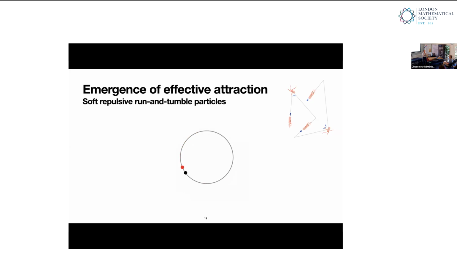When they meet, they get stuck, and the only way they can separate again is either because one of them tumbled, or because by some fluctuation they crossed. As you can see, when they meet, they do spend a significant amount of time close to each other. That's what we call effective attraction. They do not attract directly, but effectively it looks as if they do.